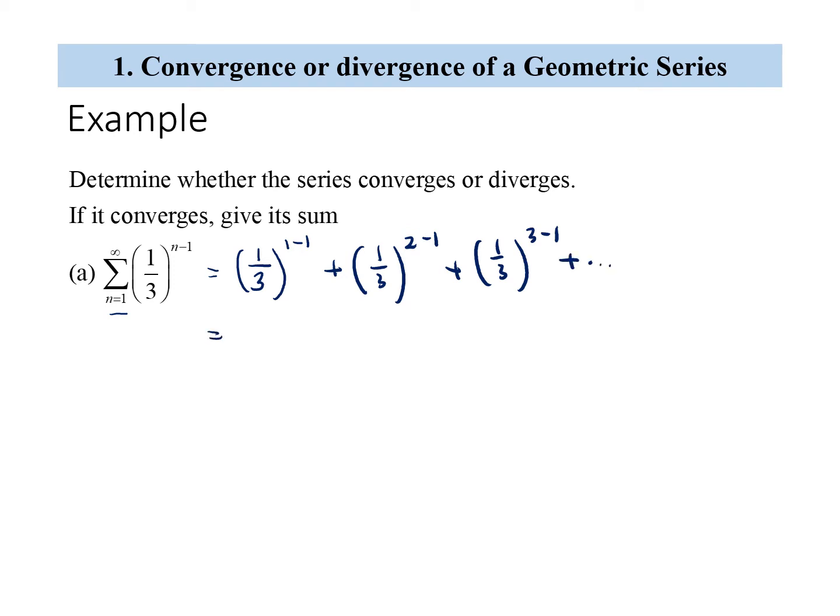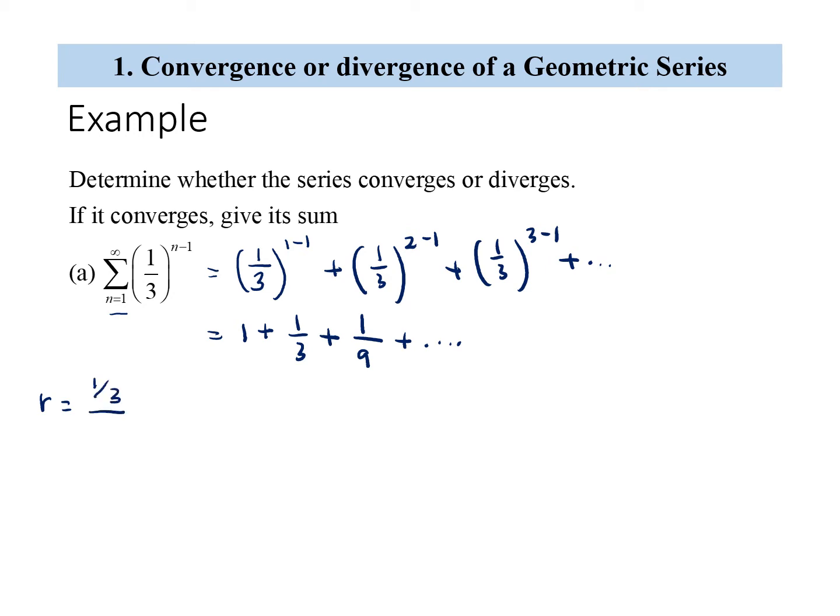Then we can rewrite this as 1/3 to the power of 0, which is equal to 1, plus 1/3, plus 1 over 9, and so on.